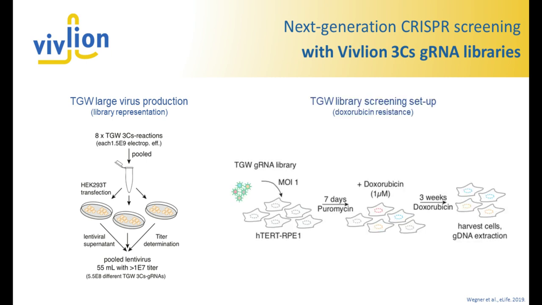We then took this lentiviral pool and applied it to a very strong positive selection, again using our RPE1 cells with an MOI of 1. The selection was essentially doxorubicin resistance, from which we knew before that 1 micromolar of this drug would sufficiently kill these cells within 3 to 4 days.